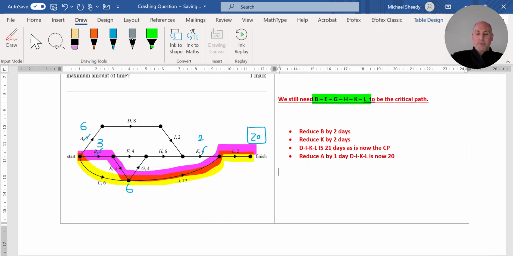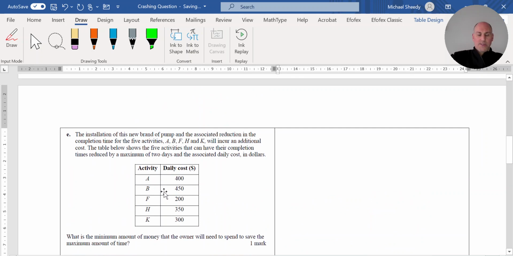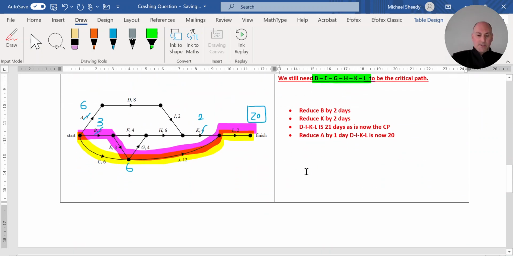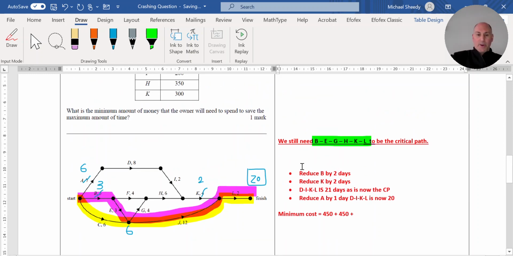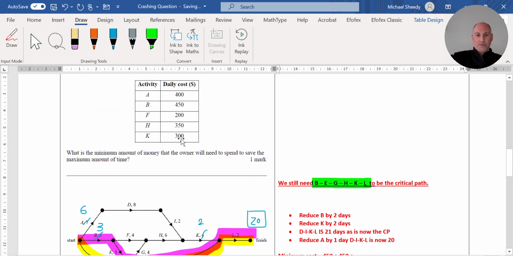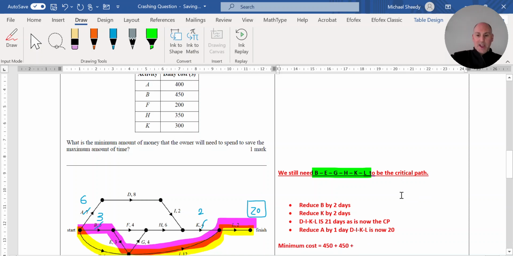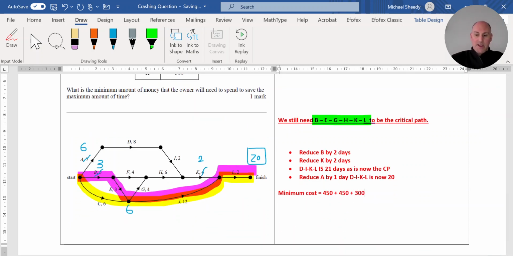I reduced B by 2 days. So the cost, B costs $450 per day. So this is the minimum cost, which is 450 plus 450, so 2 lots of those. I reduced K by 2 days, so the reduction for 1 day is 300, so that's 300 plus 300, 2 days worth.